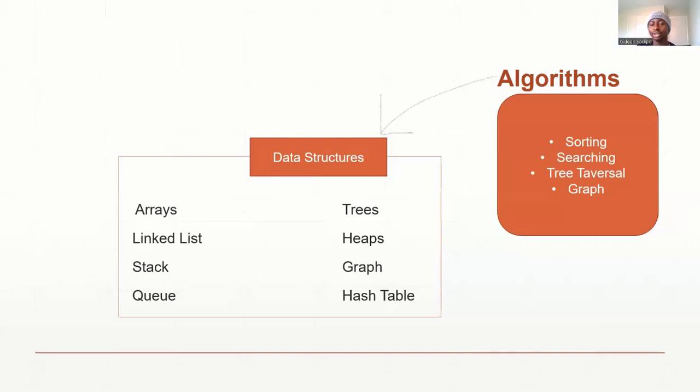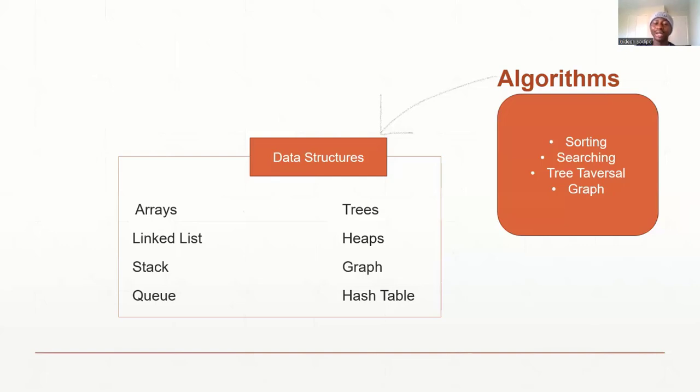But in this situation, we are going to discuss algorithms that are used over data structures like arrays, linked lists, stacks, queues, trees, heaps, and graphs. So we talk about searching, sorting, and traversal. These are the 3 important categories that we are going to work on in this course.